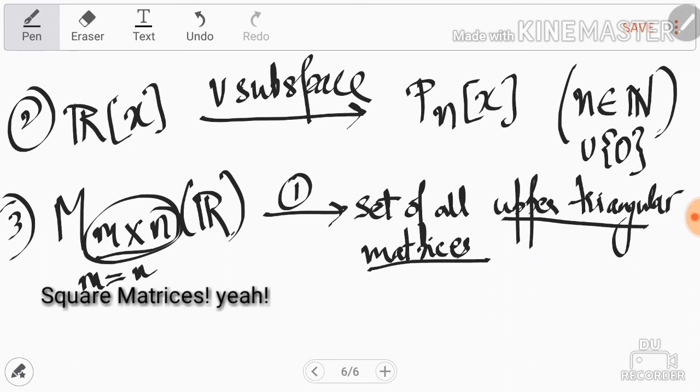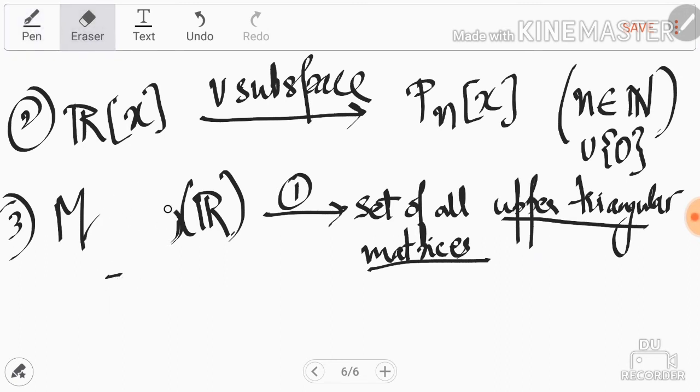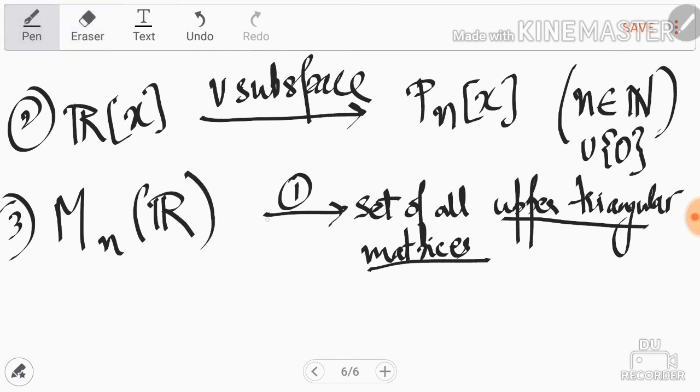So in particular, we'll have to talk about M_{n×n}(R), as I said, which can also be written as M_n(R). So we can have the set of all upper triangular matrices as one example of a vector subspace.